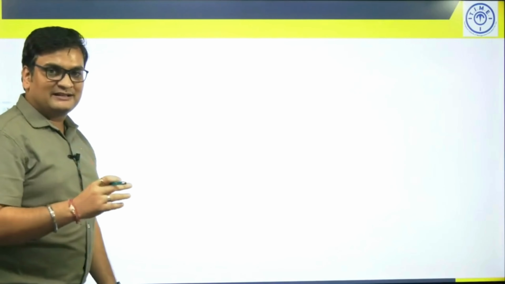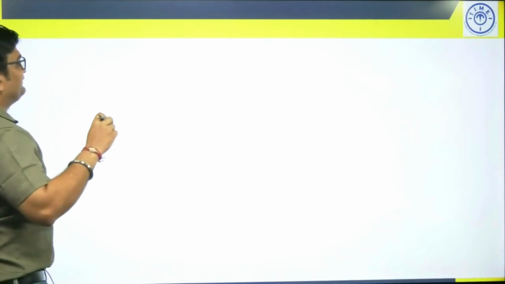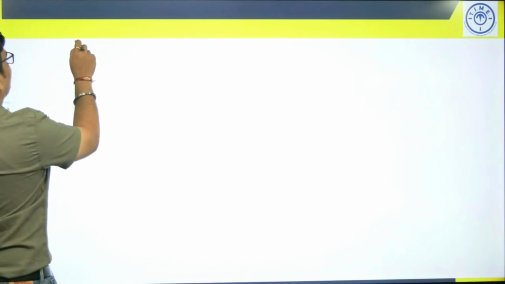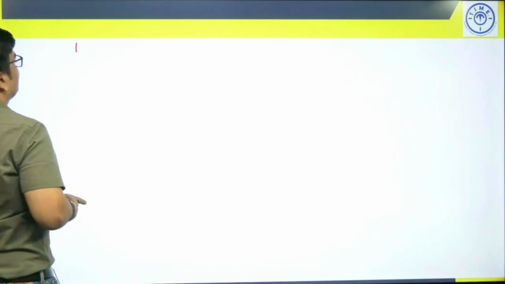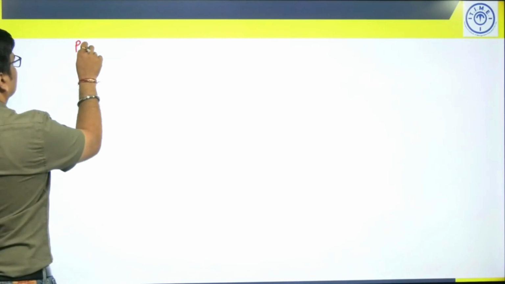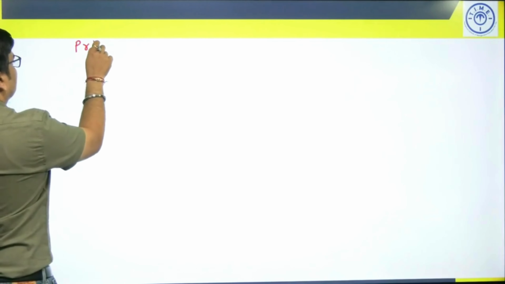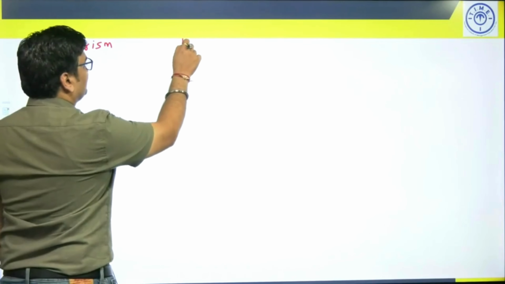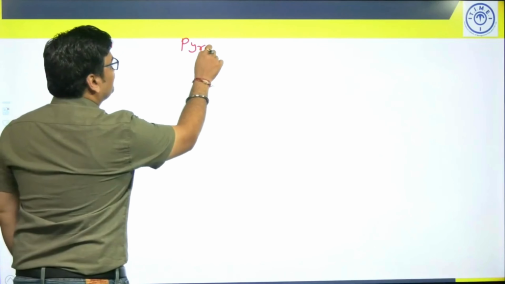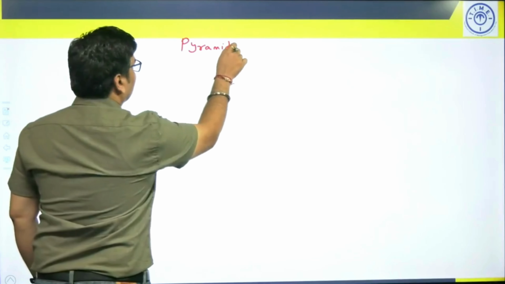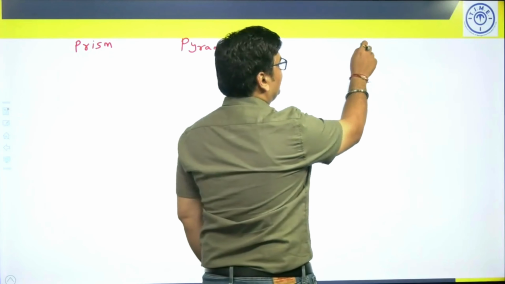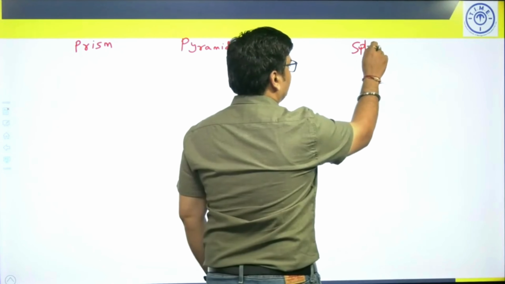When you look at the solids in mensuration, we broadly come across four types of solids. One category we call the prism. The second type of solid we call the pyramids. The third category are the spherical solids: spheres and hemispheres.